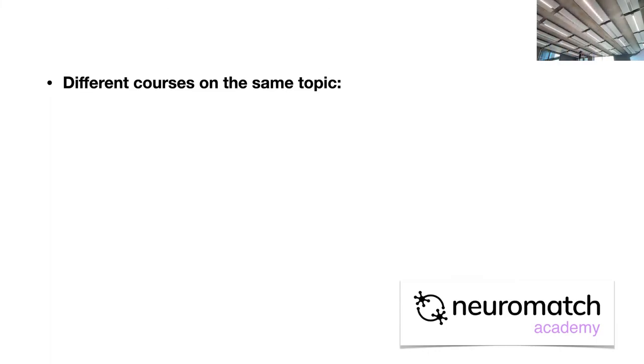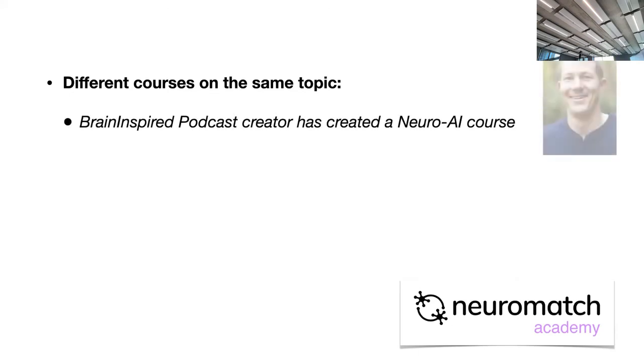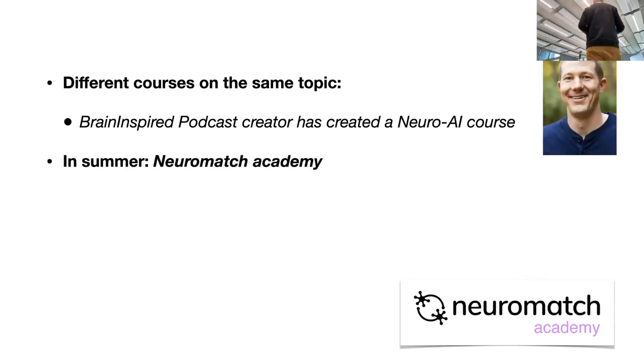And so if you're interested in these topics, I really recommend a few follow-up courses. One is by Paul Middlebrooks, the creator of the podcast that you'll be listening to, where you'll hear him interview people. He's actually created this NeuroAI course. I think it's like $100 to get access to it.